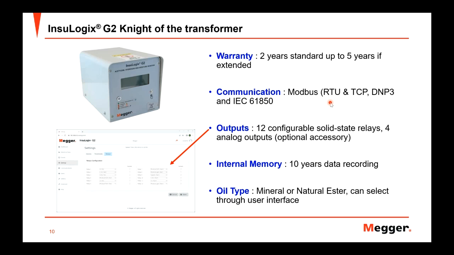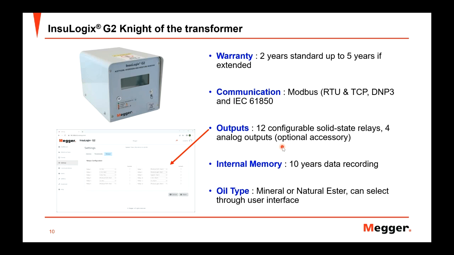We have 12 configurable solid state relays, so we can send signals from the unit to outside, such as any alarming or equipment information or any system alarm. We also have the analog output if you need it, such as for tripping of some of your system, closing of the valve, or any analog signal that you need to send from the unit to outside.